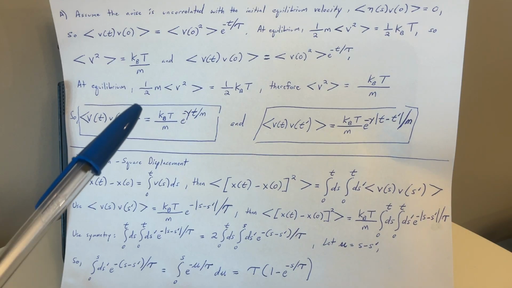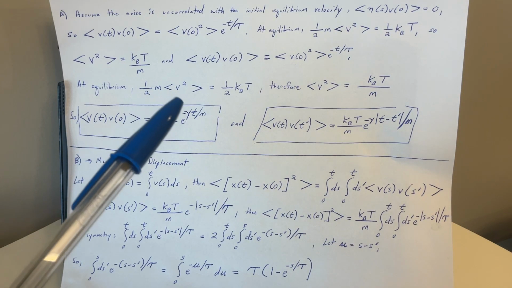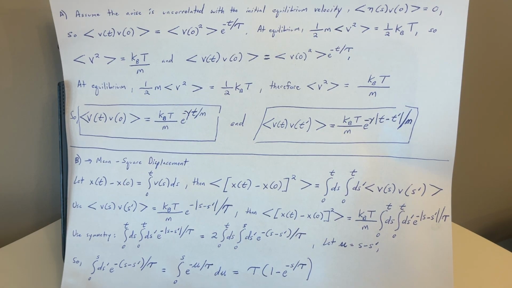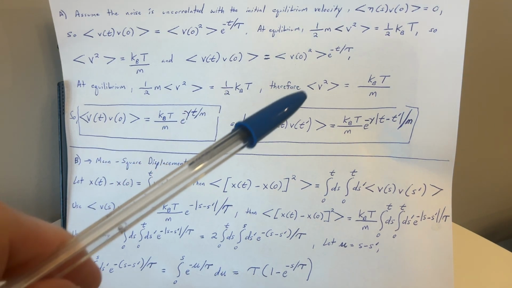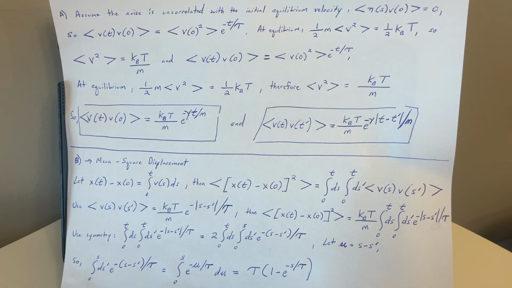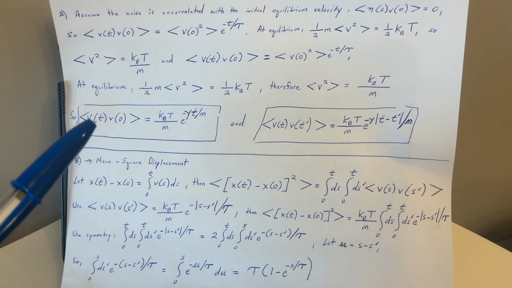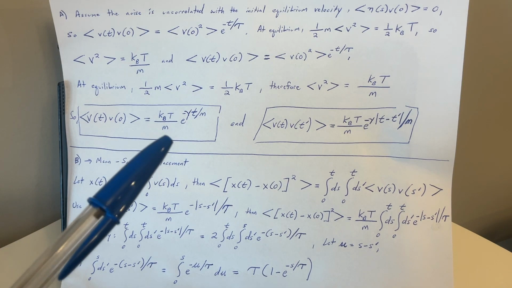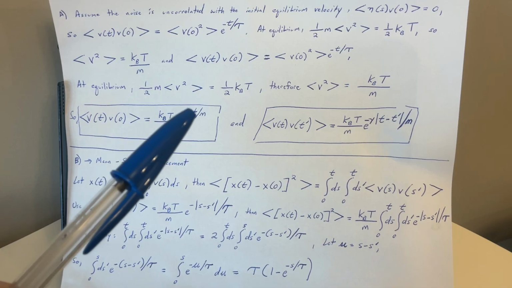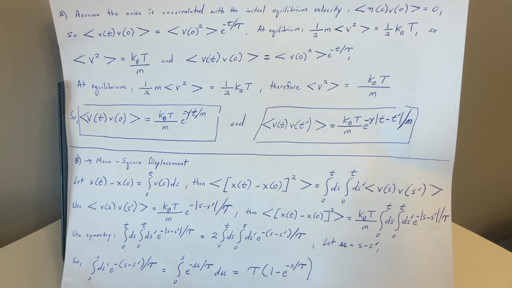And at equilibrium, 1/2 m times the expectation value of v squared equals 1/2 k sub B T. Therefore, the expectation value of v squared equals k sub B T over m. So we can say that the expectation value of v of t, v of 0 equals k sub B T over m times e to the negative gamma t divided by m.